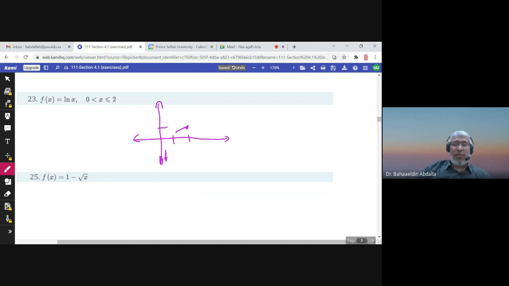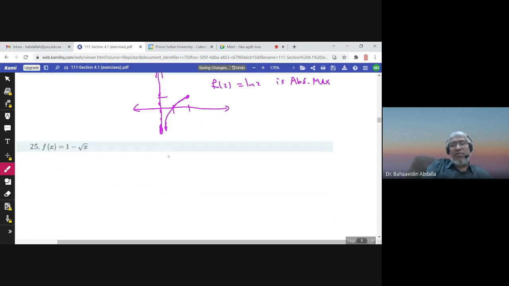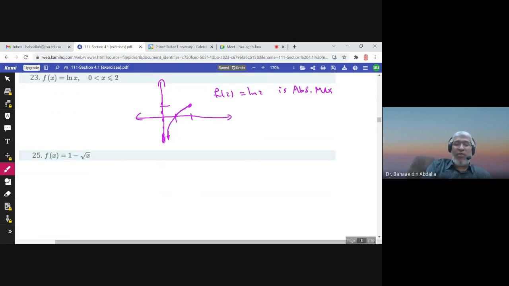It passes by the point 1, 0. So what do we have? Again, this point, f of 2 equals ln 2 is an absolute maximum. And it has no absolute minimum. It goes to infinity. And this is a vertical asymptote, and no local maximum, and no local minimum, because this is an endpoint.